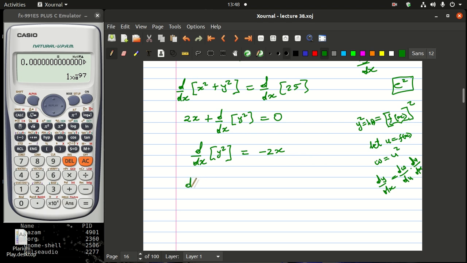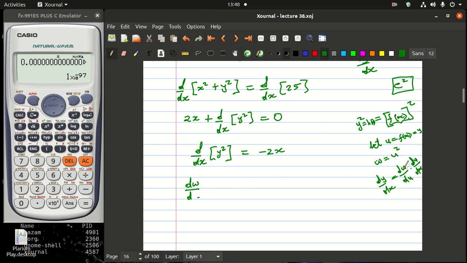be dw with respect to u. If you look into this whole thing here, this is going to be actually our y, because this is the function that we have.